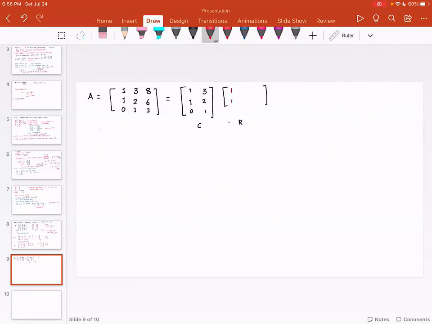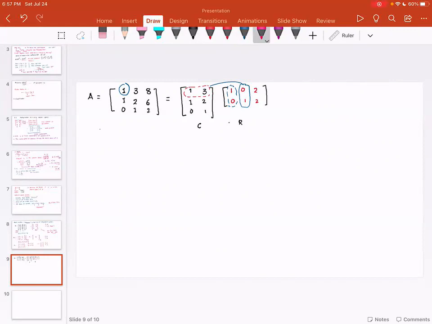This is 1, 0, 0, 1, 2, 2. If you multiply 1, 3 by 1, 0, you get 1. If you multiply 1, 3 by 2, 1, you get 5, and if you multiply 1, 3 by 2, 2, you get 8. So this is the factorization.